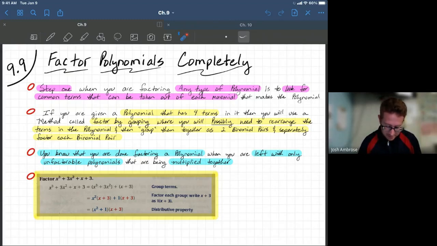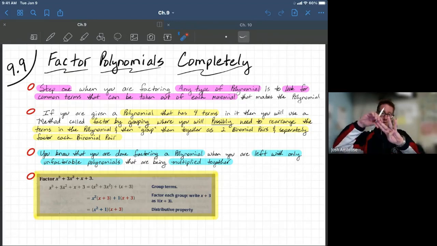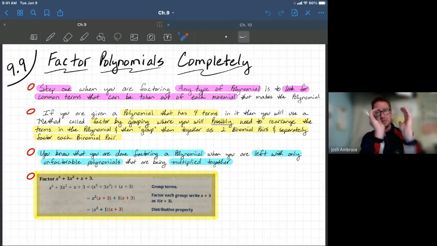So that's step 1. Then as we get into something that's going to look new, polynomials that have 4 terms, we're going to use this method that's called factor by grouping. All right, factor by grouping, meaning what you are going to do is you're going to have 4 terms, but you're going to group them in groups of 2 terms, okay? So in other words, take 4 terms and then split it up into here's a binomial, 2 terms.